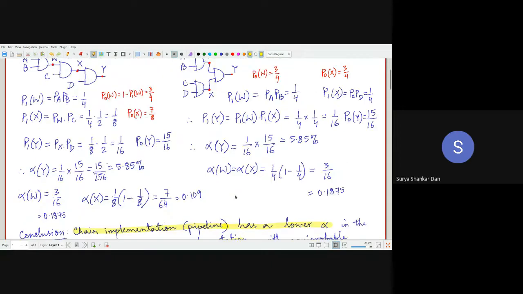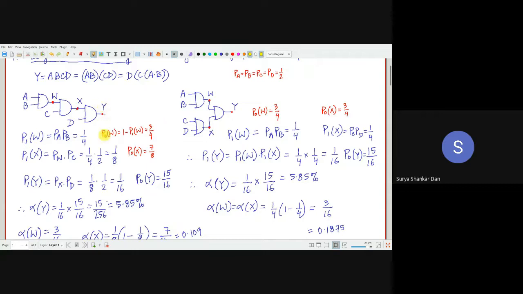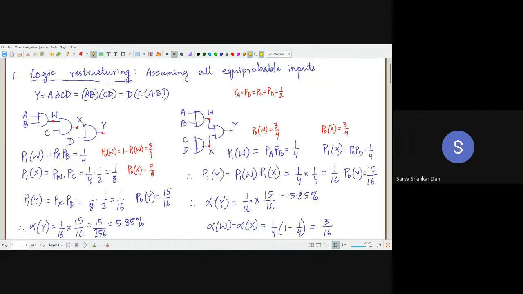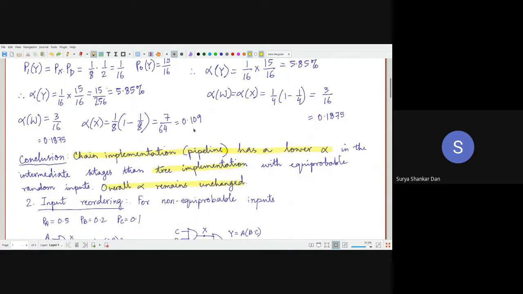So overall alpha is the alpha of Y. As you can see, they are the same for both, whether it is a tree implementation or the pipeline implementation. However, what we have clearly understood is that in the intermediate stages, if we are putting it as a pipeline, that means a cascade of the chips, you are essentially achieving lower switching activity.